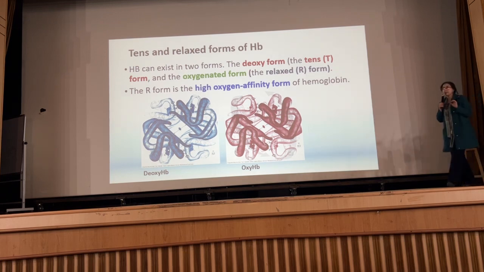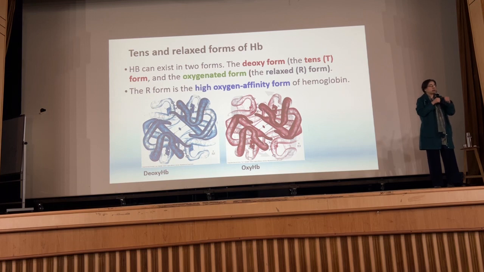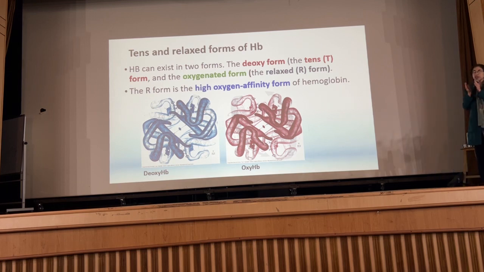So when it is bound to oxygen and when it is without oxygen, there is a slight conformational change in hemoglobin structure. So it's going to be more relaxed when it's bound to oxygen, and more tense when it is non-bound.